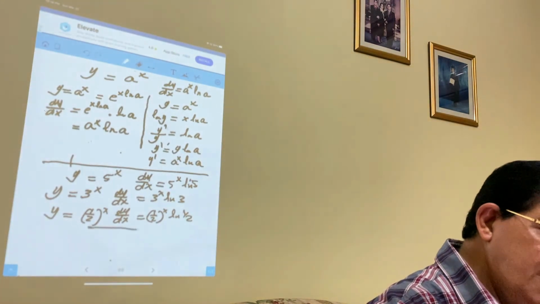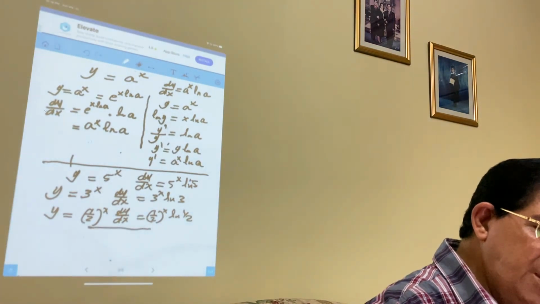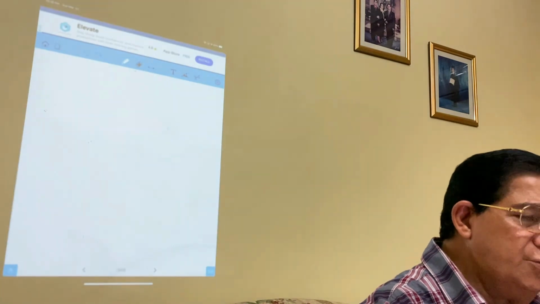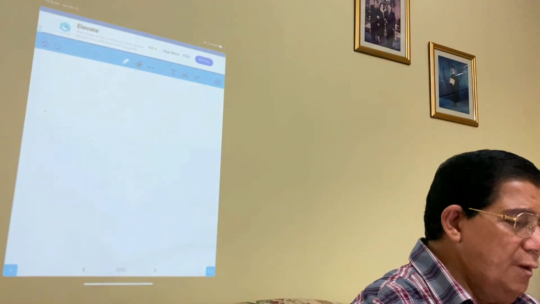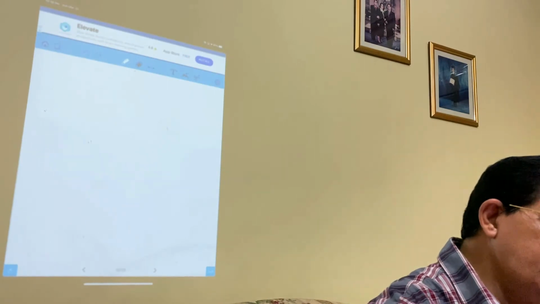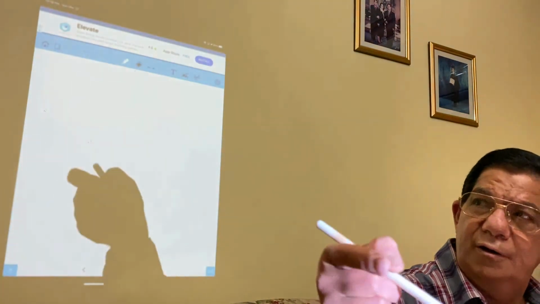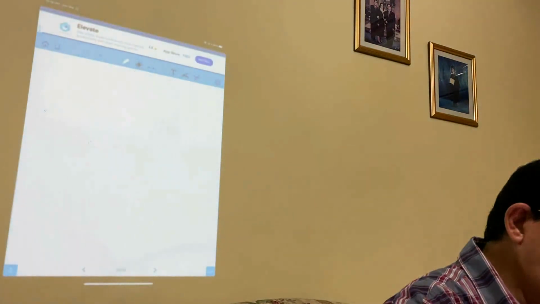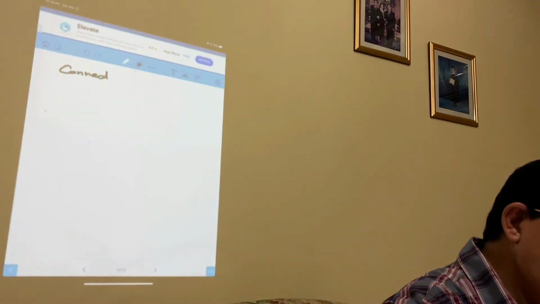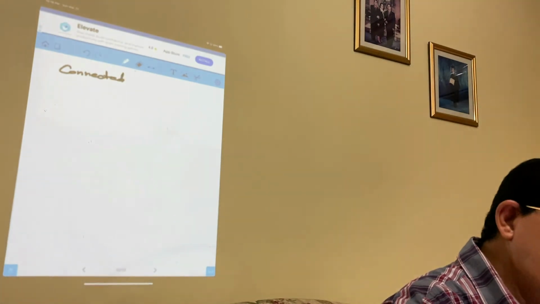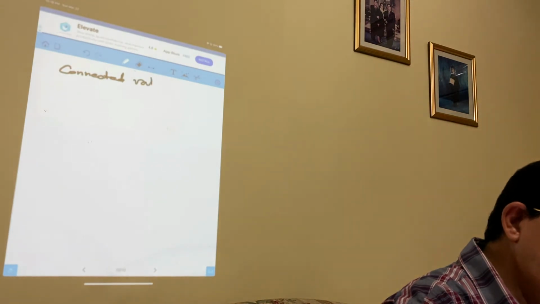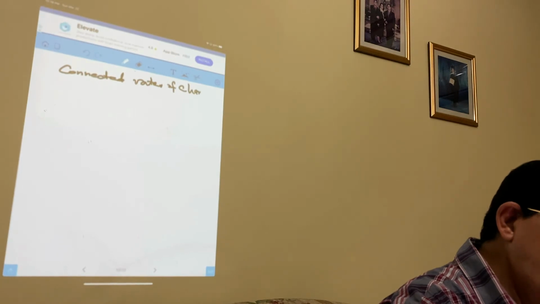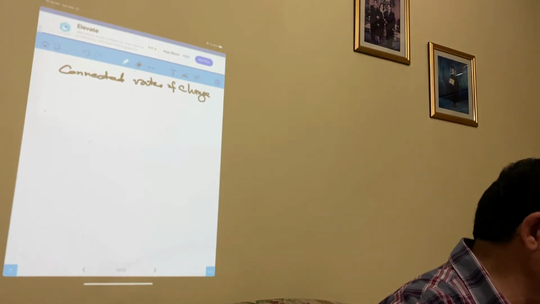Now, one last thing we need to know in differentiation is something we call connected rates of change. What we mean by this?